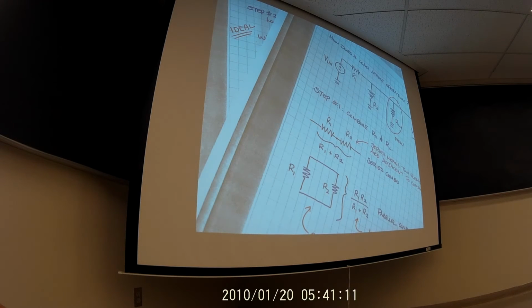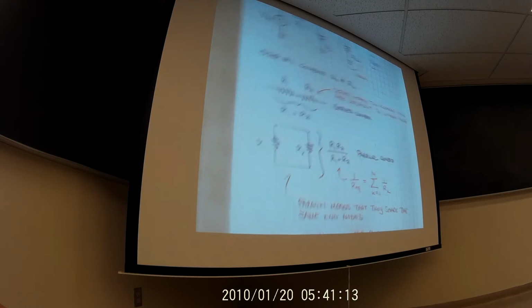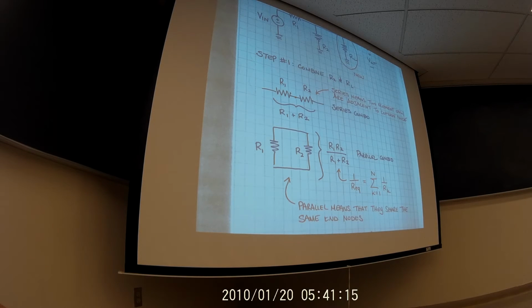So now, let's take a look back at the parallel combo. What's the parallel combination of a 2 ohm and a 2 ohm? So we have 2 times 2 over 4. 1. Yeah, right. So 1.